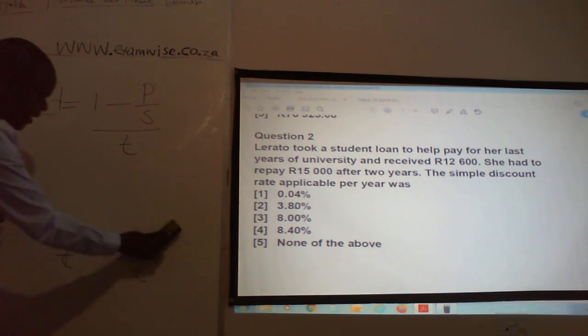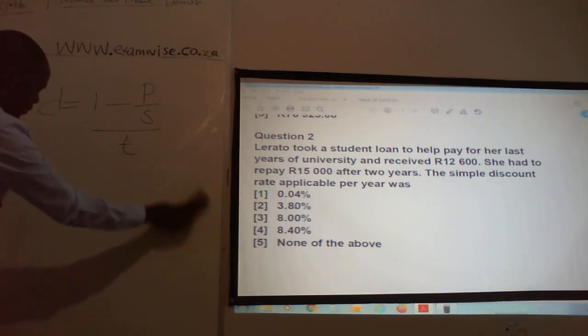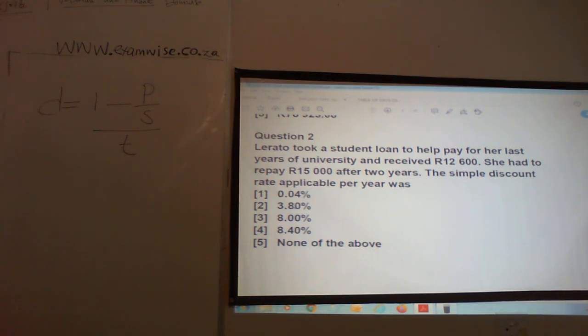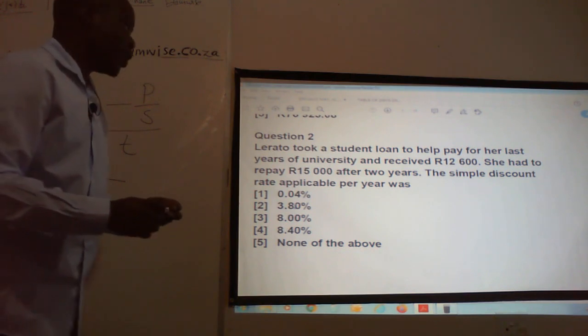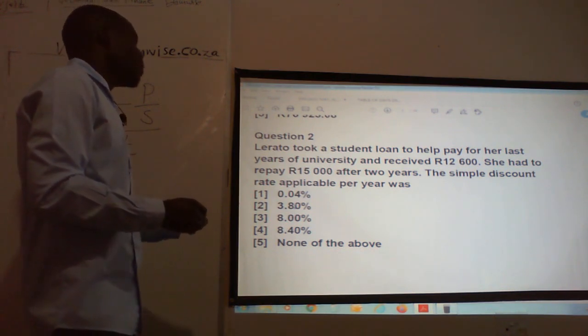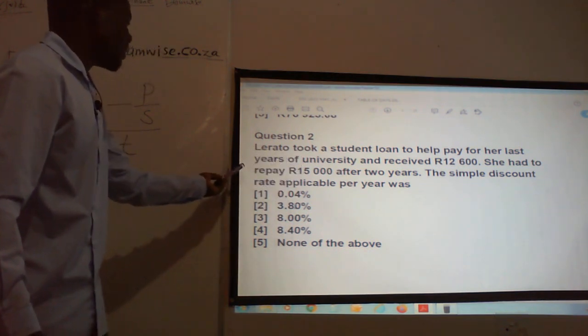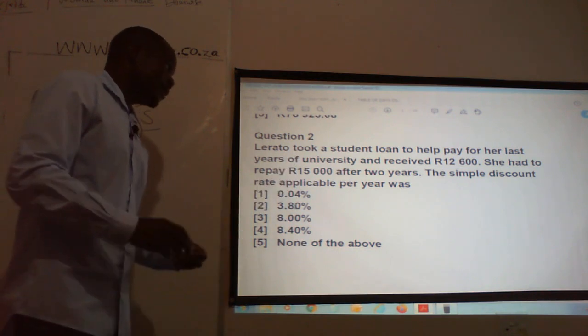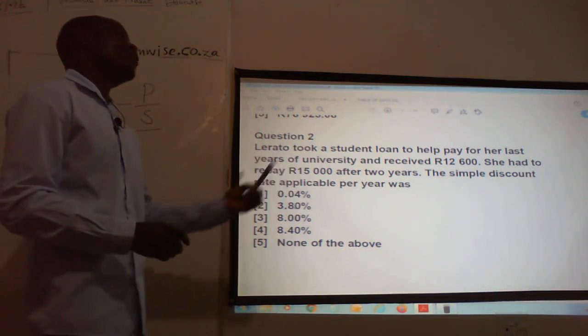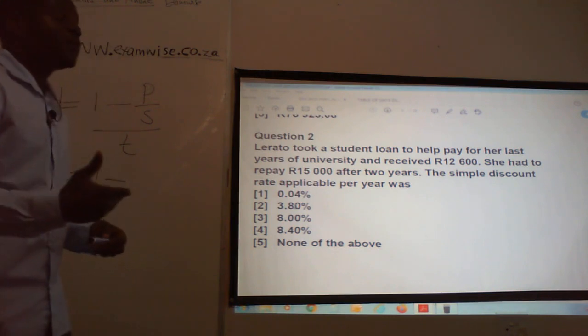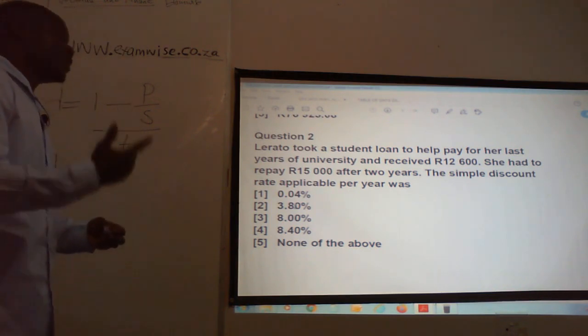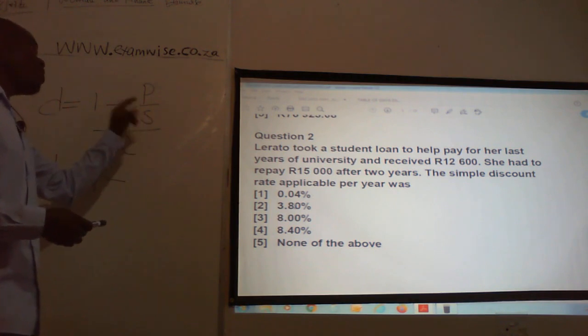So now we can substitute the given variables into our formula. So our D is equal to 1 minus our P, we said, is our present value or our principal. Lerato took a student loan to help pay for her last year of university and received 12,600. So the amount which Lerato received, which is our 12,600, is our principal.